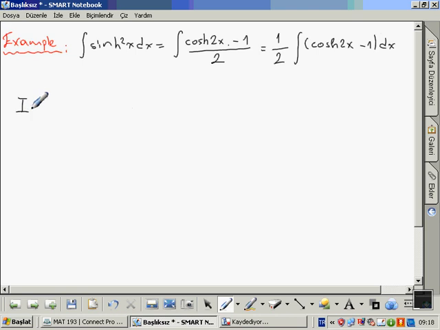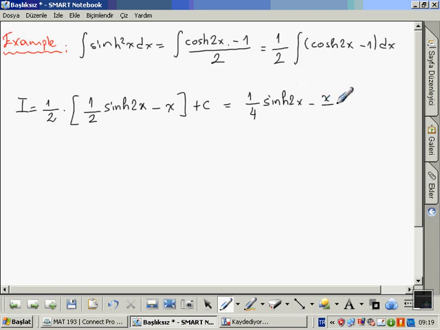The integration equals 1/2 times 1/2 sinh 2x minus x plus c, and it's equal to 1/4 times sinh 2x minus x over 2, plus integration constant.